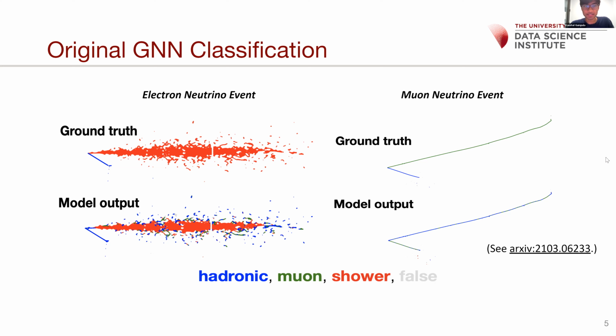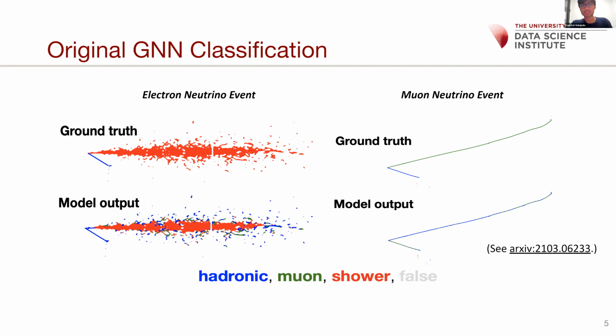Originally, we had 4 classes: hadronic, muon, and shower, hadronic corresponding to the proton track, muon to the muon track, and shower to the electron shower. We also had a 4th class called false, which is basically a non-physical class where a false edge was an edge that connected 2 hits that had different parent physics phenomena.